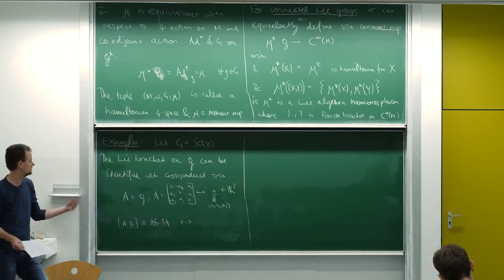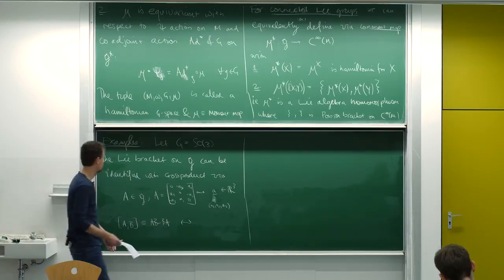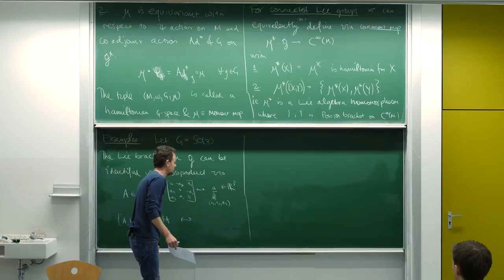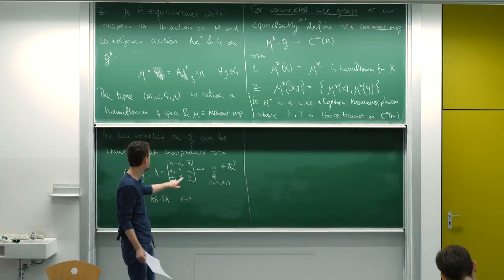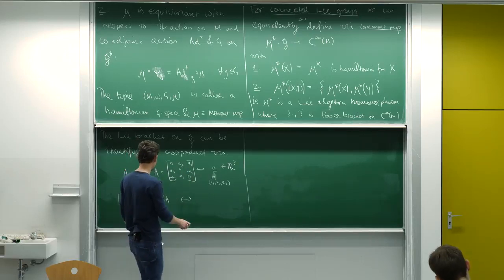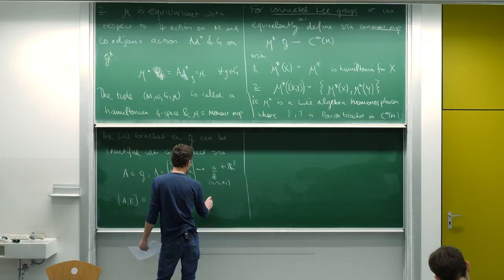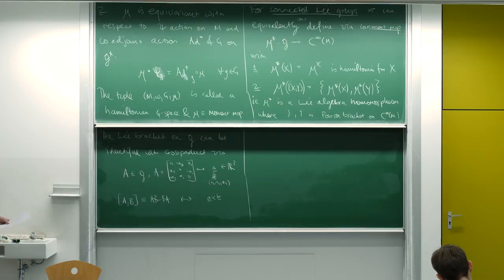Actually, it's a tedious computation of 9 entries. Some of them are 0. Well, evidently 3 are going to be 0, and the other 3 determined. So it's actually only 3 computations you have to do. You can identify that with the cross product of these two elements of R3.